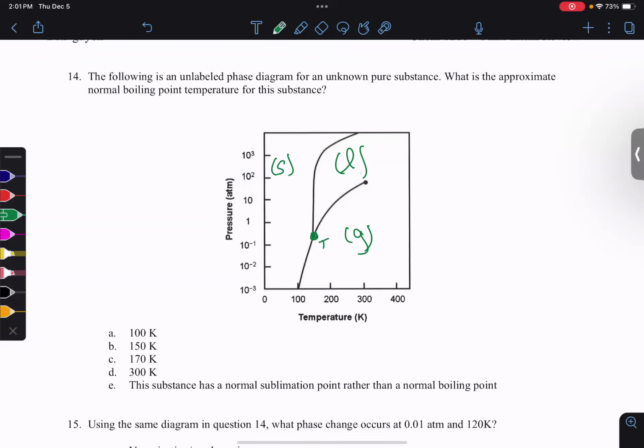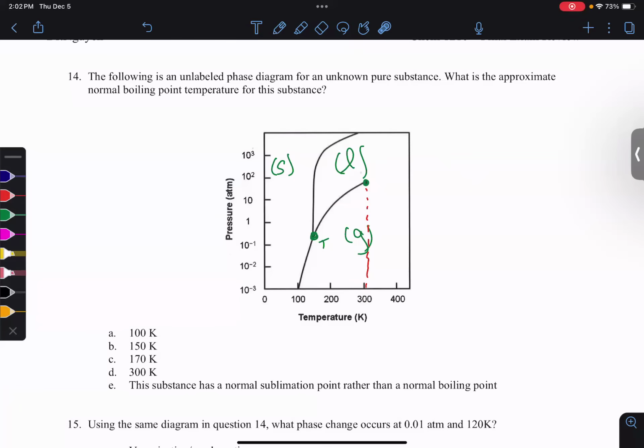That's your triple point. Here, this is your critical point temperature, meaning that this is the minimum temperature you need, so 300 Kelvin. If your sample is above 300 Kelvin, it's going to exist as a supercritical fluid, meaning it's like a really energetic gas that can't be liquefied, right? But anything lower than 300 Kelvin, you can have a solid, liquid, or gas, but anything above it, you have a supercritical fluid.